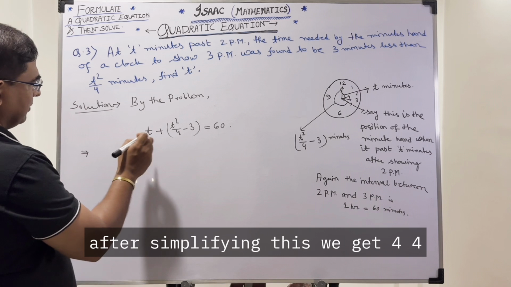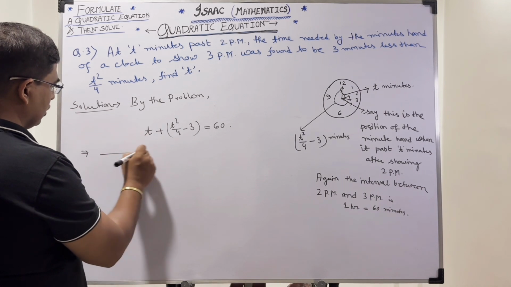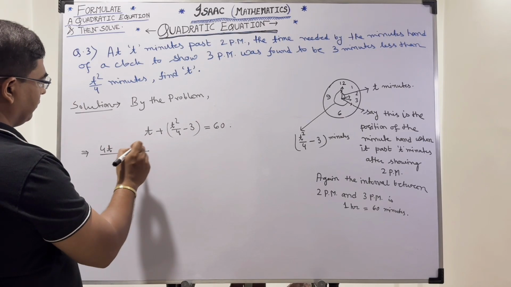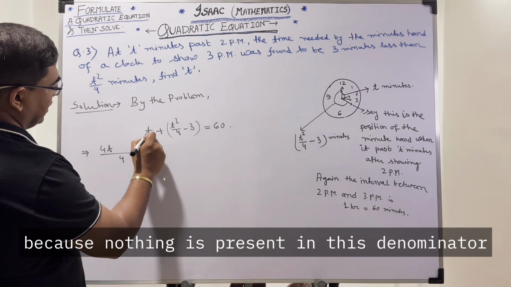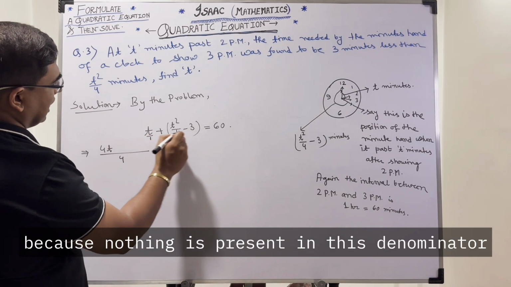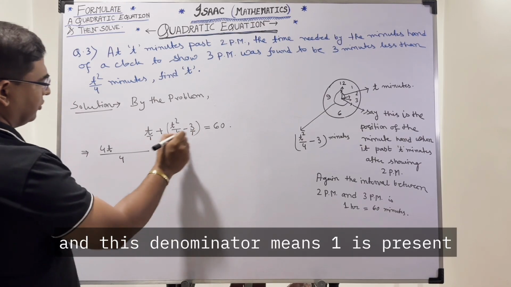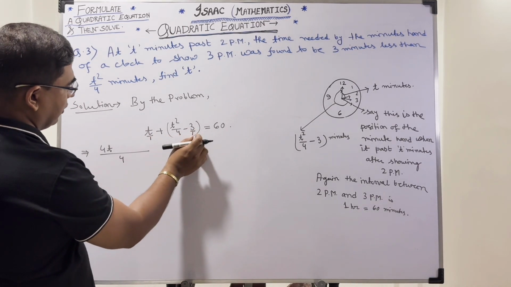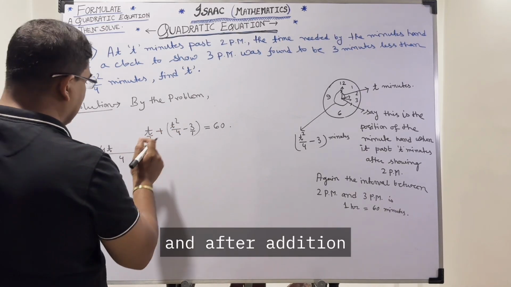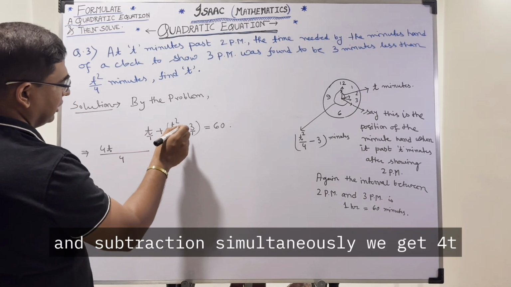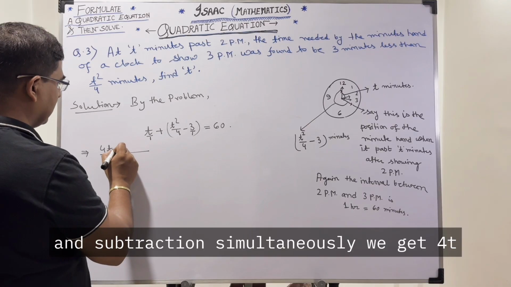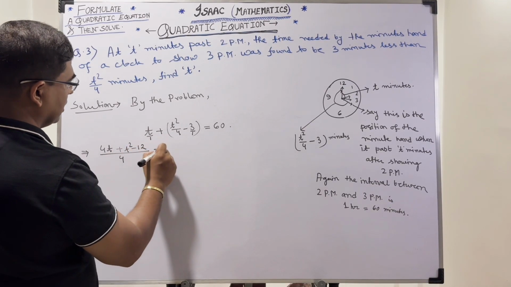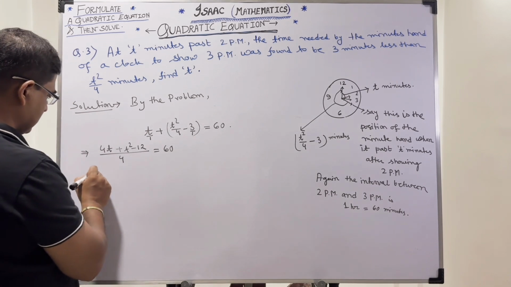So after simplifying this, we get 4 becomes the LCM, because nothing is present in this denominator and this denominator means 1 is present. That is why the LCM of 1, 4 and 1 is 4. And after addition and subtraction simultaneously, we get 40 plus t square minus 12 equals to 60.